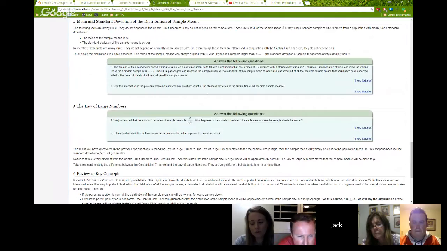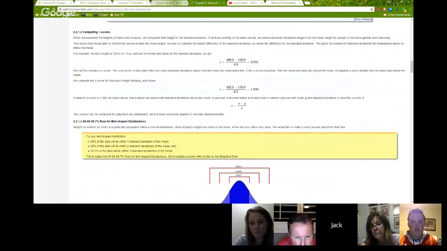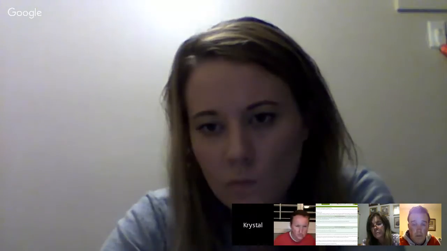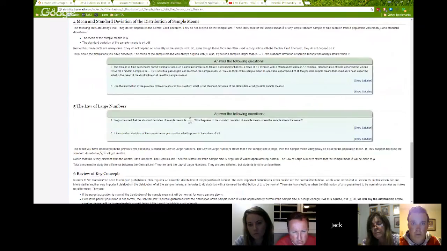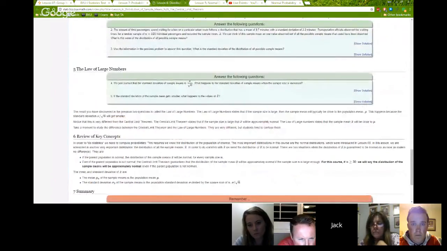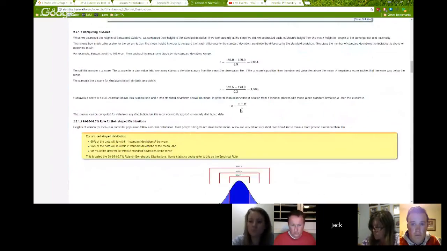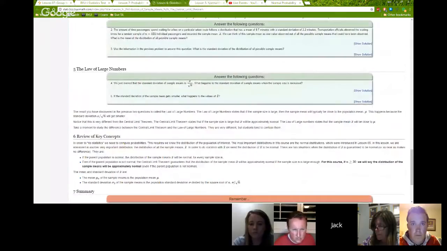Really, the only thing you have to know is that when we only have one observation, you use the simple formula, z equals x minus mu over sigma. When you have more than one observation, you just replace sigma with sigma divided by the square root of n. So instead of sigma over here, you put in this.